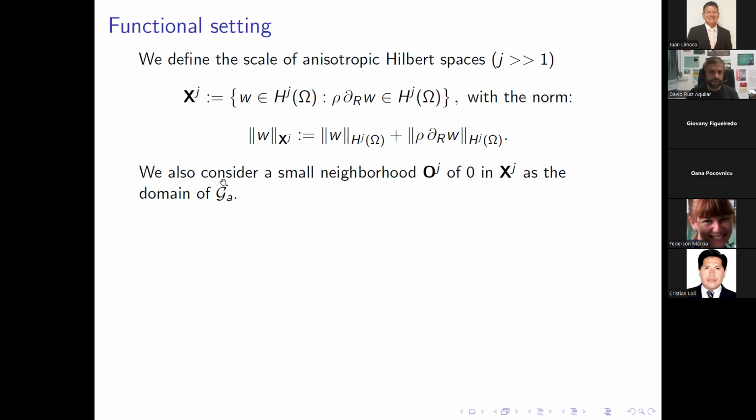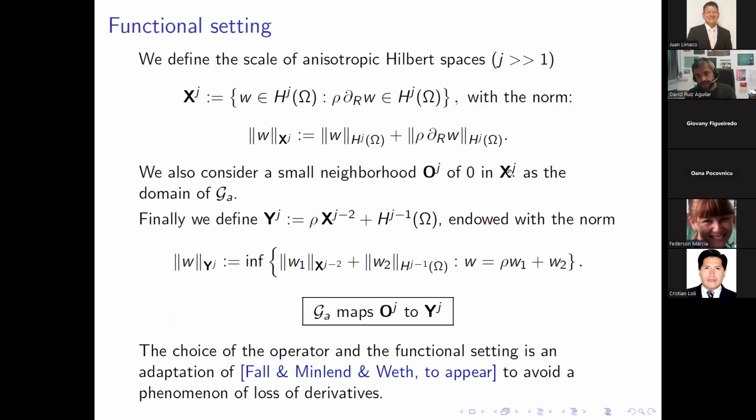And the norm is the natural norm for this space. So the domain of my nonlinear operator is going to be a small neighborhood of 0 in this new space. And the codomain is also tricky, and is given by the sum as Banach spaces of these two spaces. So again, here we have anisotropic spaces.